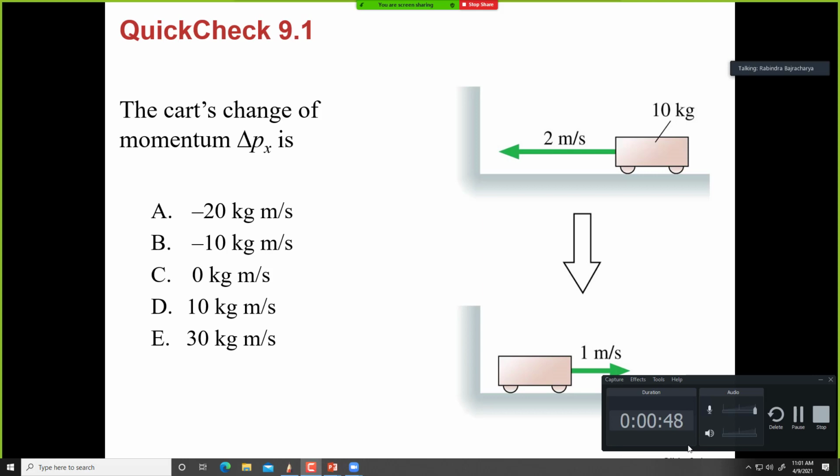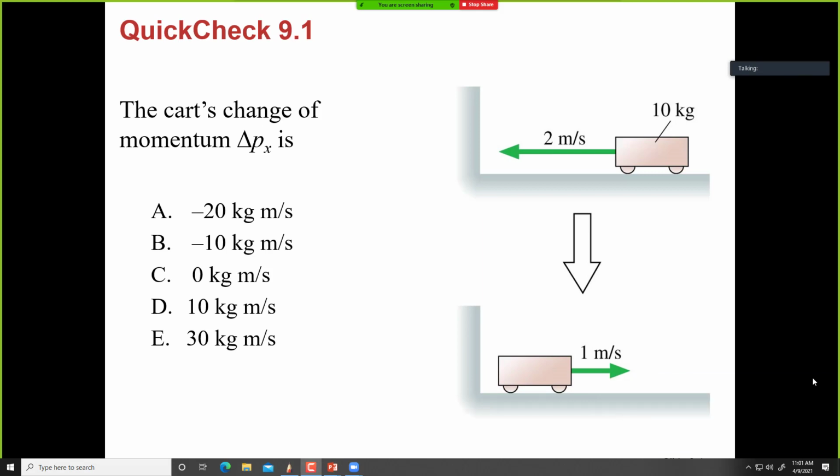So what's the change in momentum? Is it A, B, C, or D, or E? E?